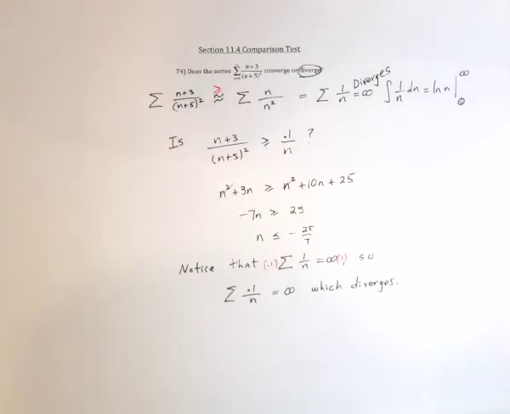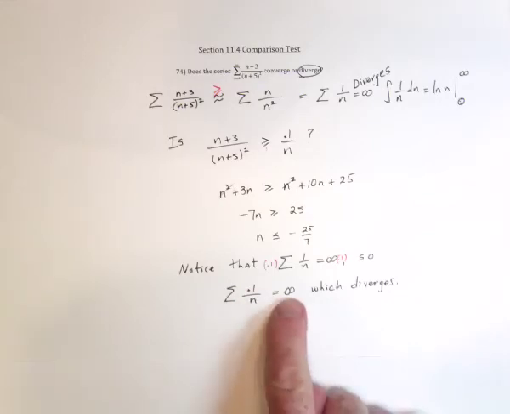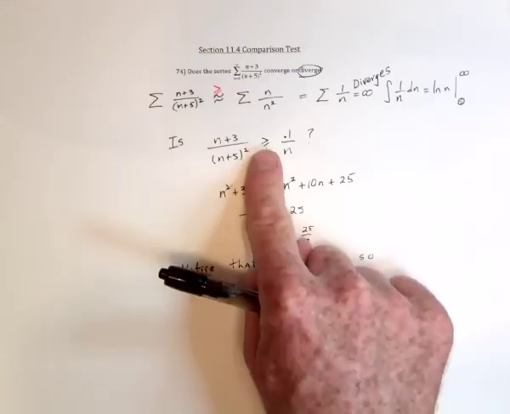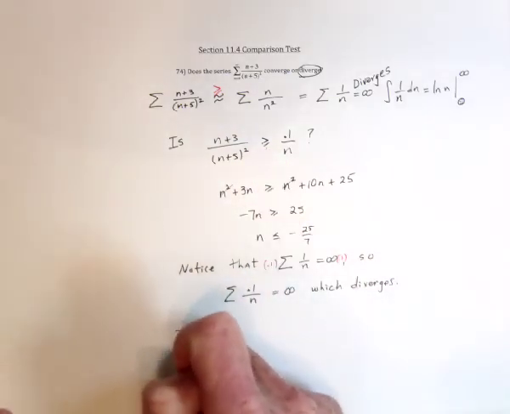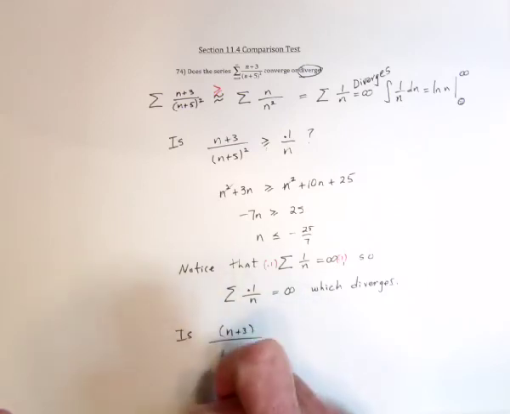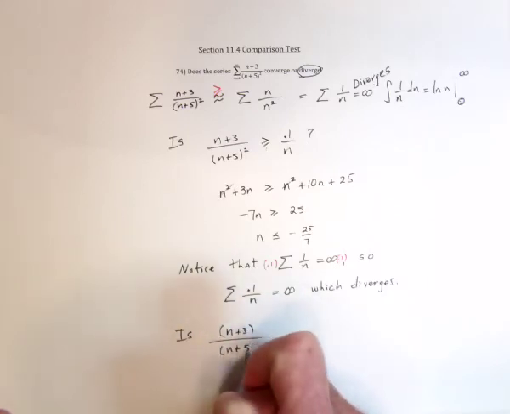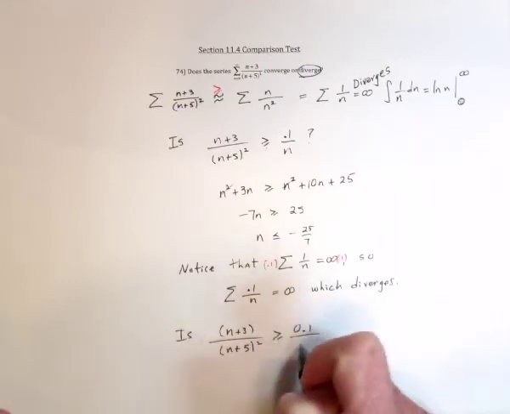So then what we need is to redo the comparison. So we've got 0.1 over n adds up to infinity. Then redo this over here, and we would have: is n plus 3 over n plus 5 squared bigger than or equal to 0.1 over n?